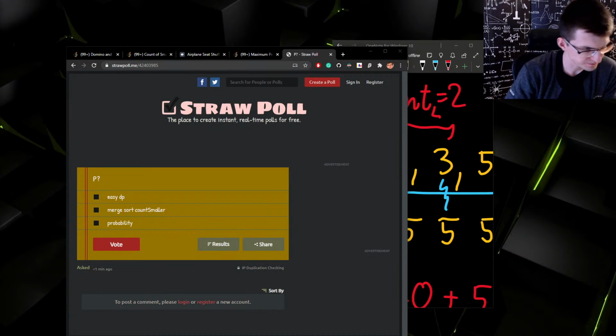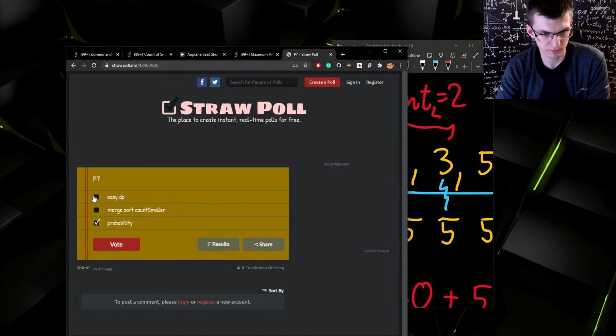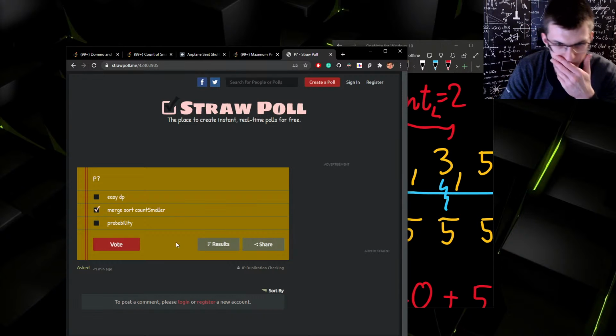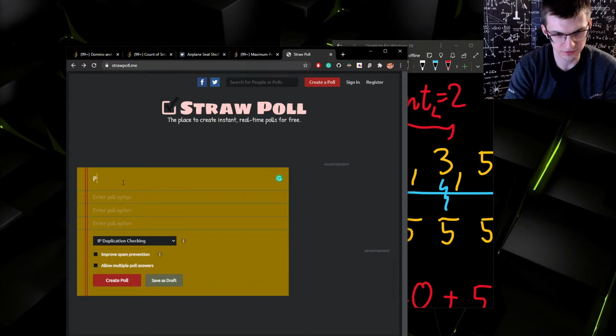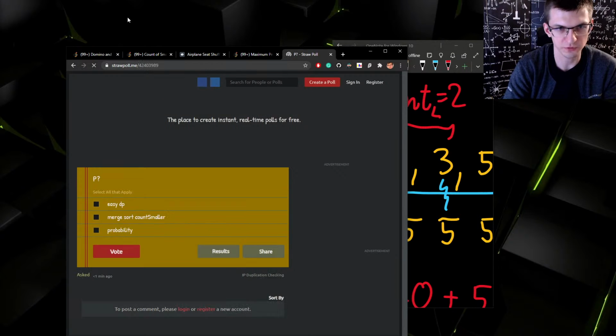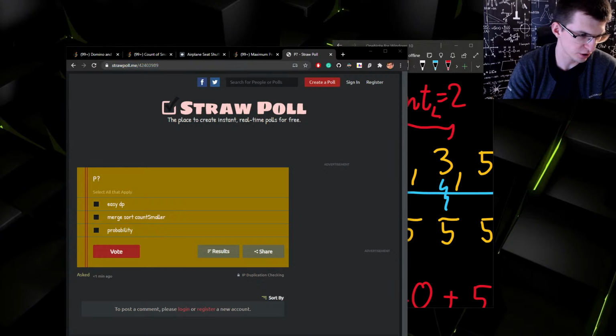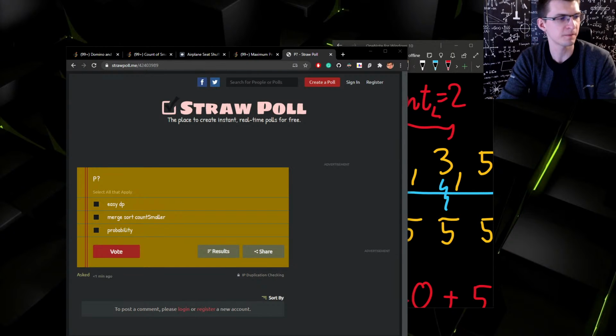Here you go. Can you? Oh, you cannot. Wait. Okay, sorry. Again, is it DP, merge sort, count smaller, or probability. You can mark multiple. So forget about the previous one. The good stropple is the one where you can mark multiple, the one with link ending with 89.